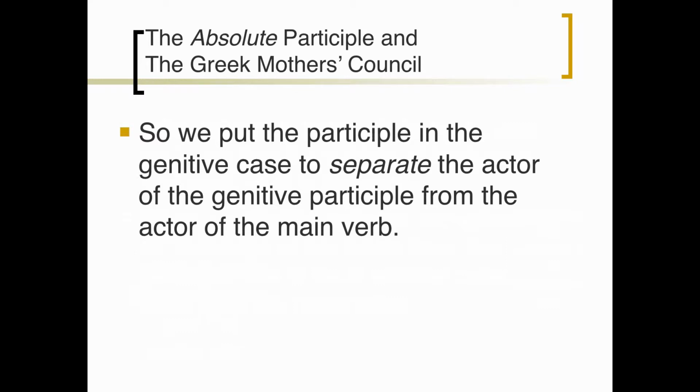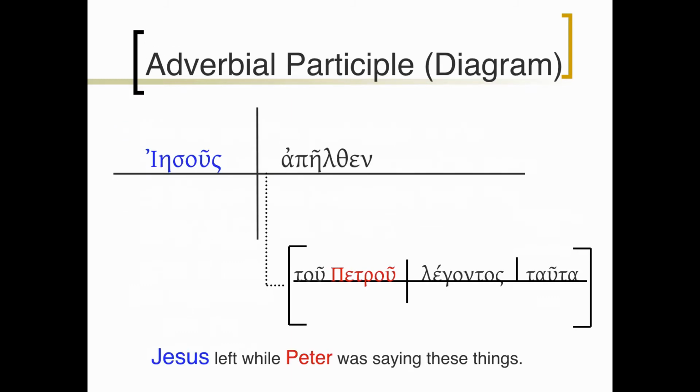When we put the participle in the genitive case, we separate the actor of the genitive participle from the actor of the main verb. Here is our sentence again: Jesus apelthen tou Petrou legontos tauta. We've introduced Peter, and now Peter is the one who's saying these things.